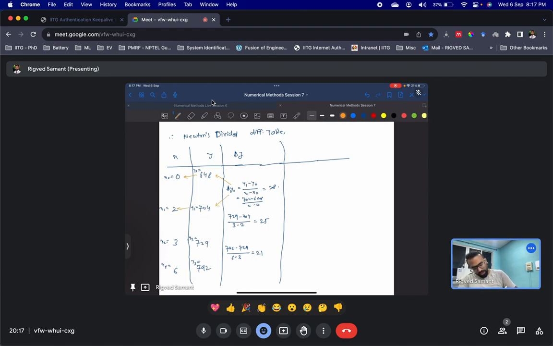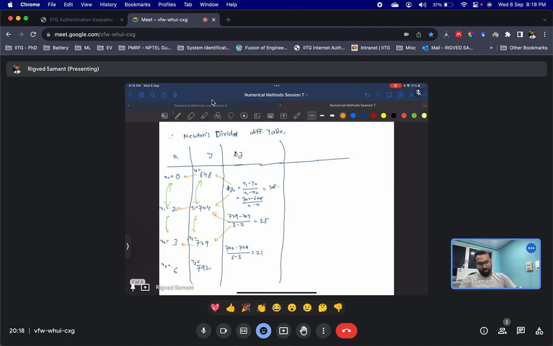So formula became y1 minus y0 divided by x1 minus x0. Similarly, if you backtracked it, what formula you got? y2 minus y1 divided by x2 minus x1. So this is the way you are going to do your divided difference.